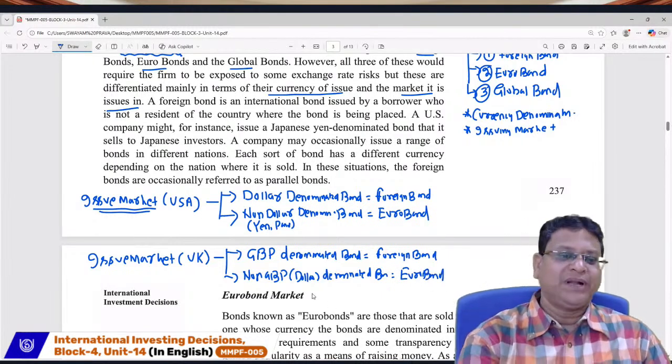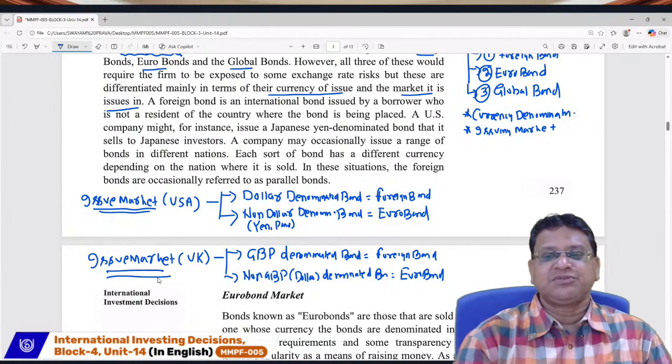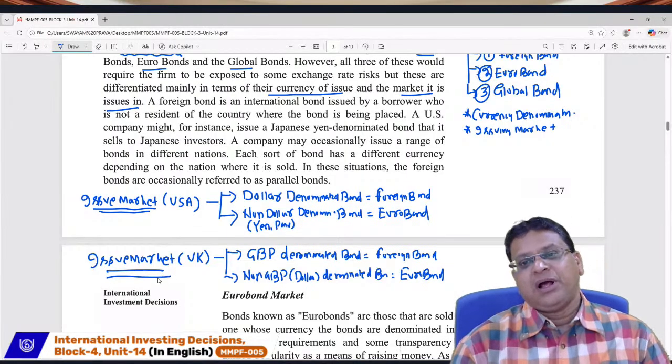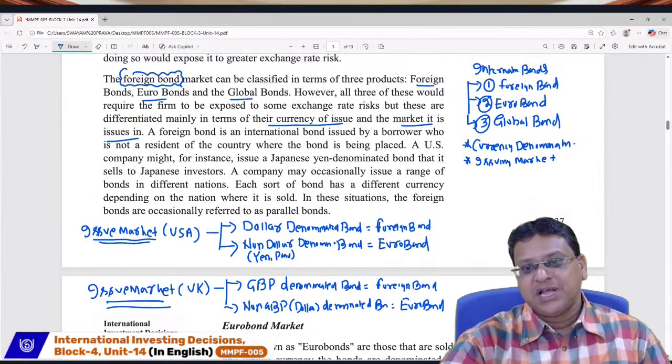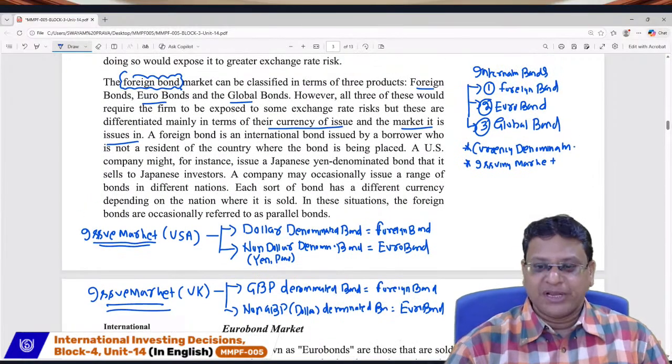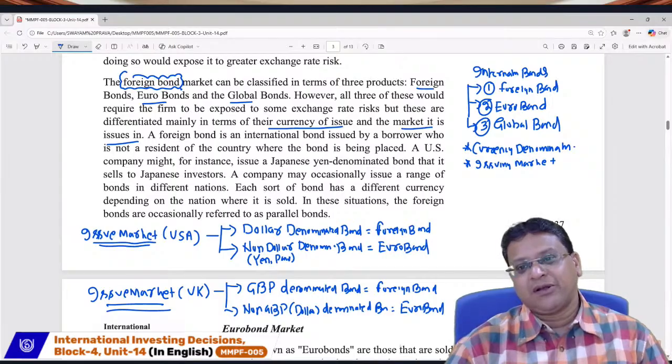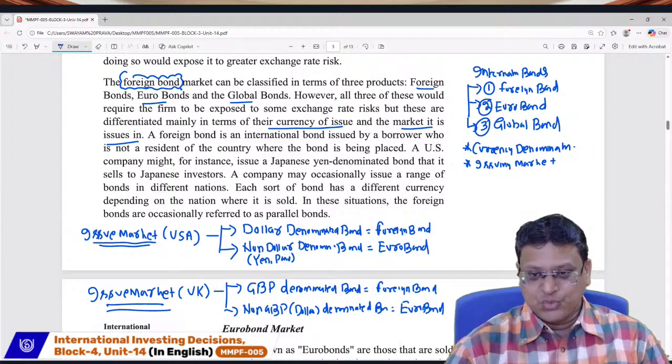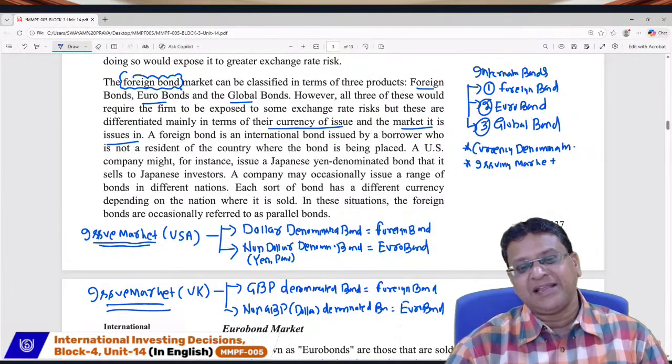Am I clear? What is Eurobond and what is foreign bond? Foreign bonds are those where the denomination currency and the market issue currency are equal.